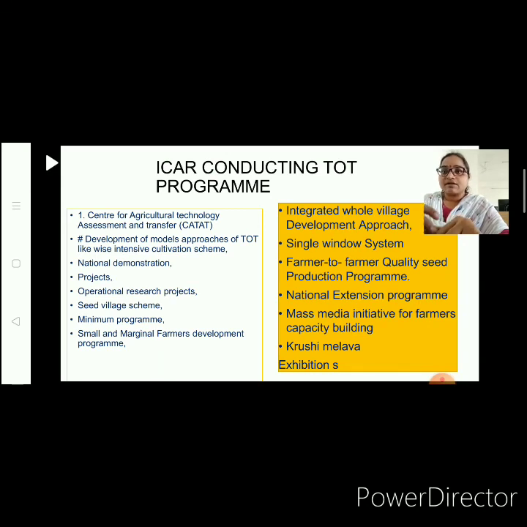First is the development of models and approaches of TOT, like the intensive cultivation scheme. With intensive cultivation, they have developed a scheme on which different crops we can involve at the intensive level. They conduct national demonstrations and national research projects.